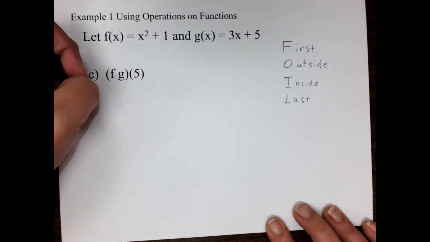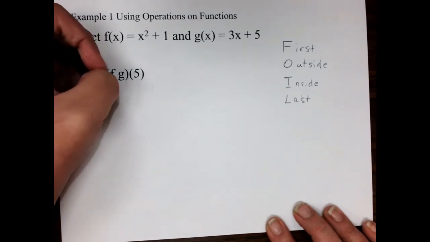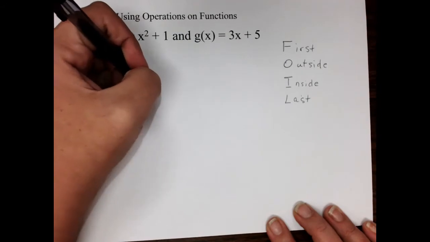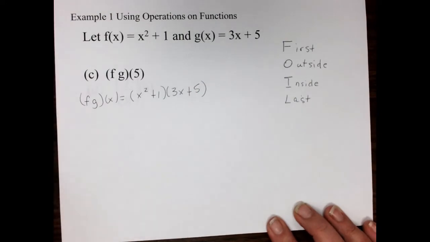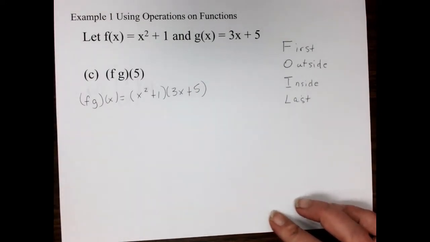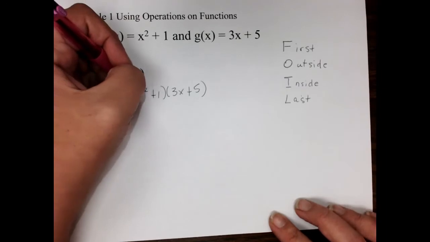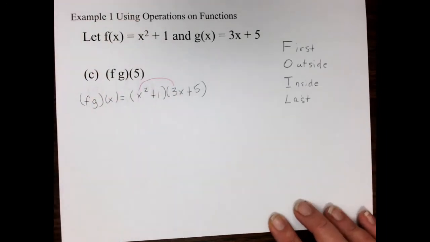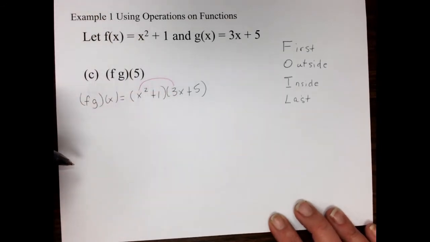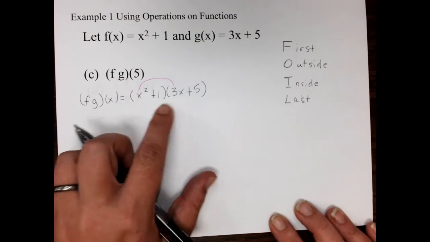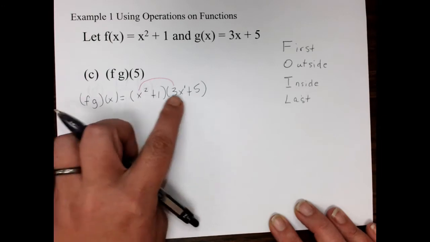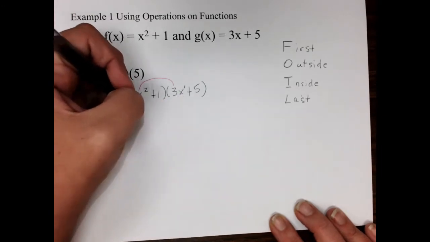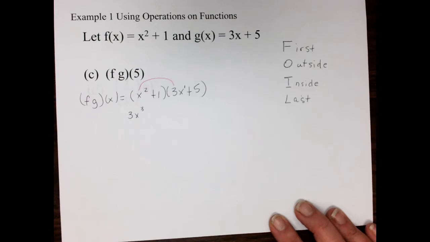So to calculate f times g of x, I need to multiply x squared plus 1 times 3x plus 5. And now I'm going to do my FOILing. I need to take these first two values and multiply them. x squared times 3x. If you recall, when we multiply two x's together, we add their exponents. So this multiplied would give me 3x cubed for my first pair.